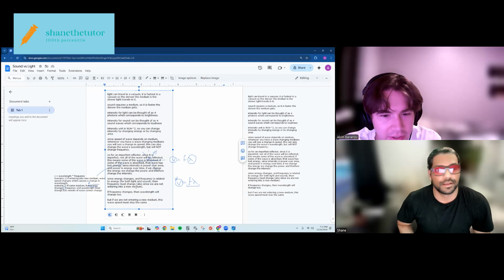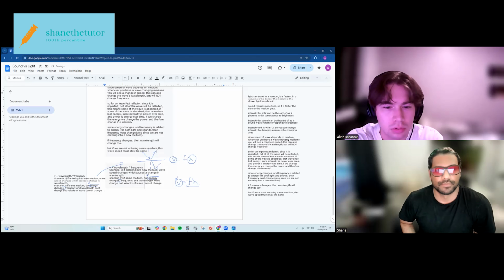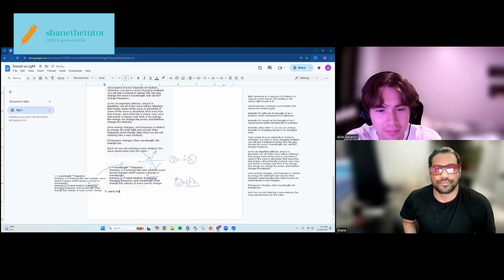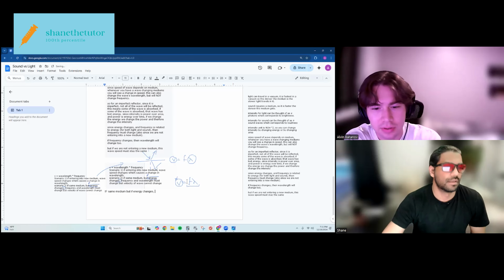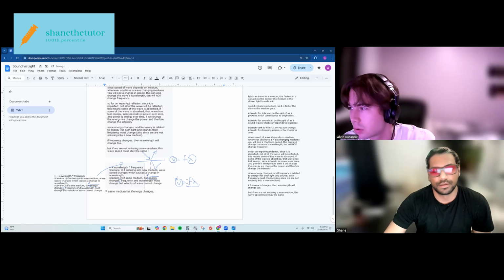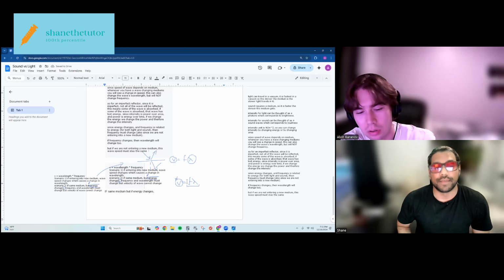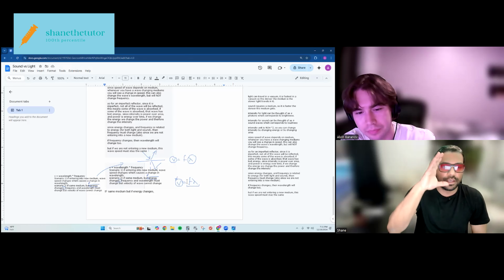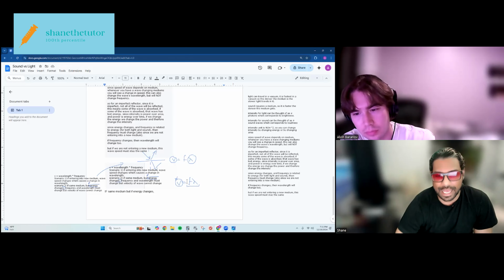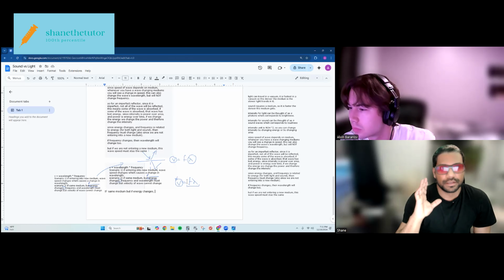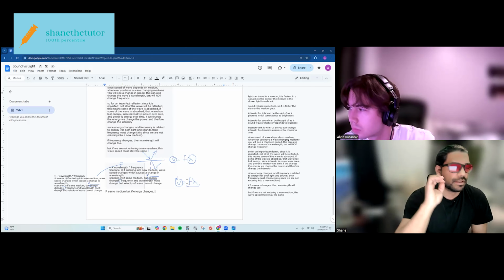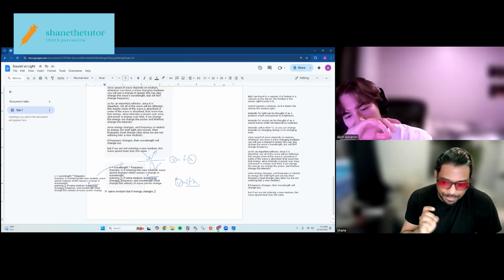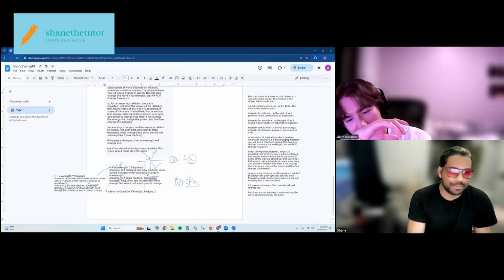Wait, you're saying if same medium, but if energy changes, what are you saying? Yeah, basically, if you have the same medium, you will have the same speed.